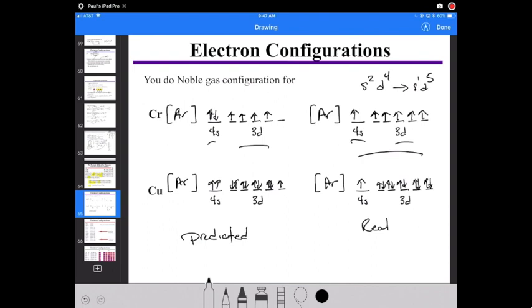The real full D is much better in energy than having a full S. So if you predicted S2, D9, this one becomes S1, D10 because the 10 full is better than the S being full. These are the only two exceptions to the rule.